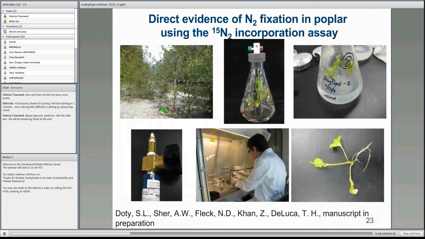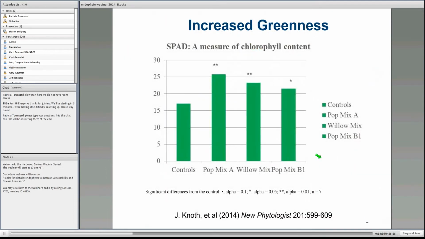We've also recently shown through direct 15N incorporation, where we have cuttings from wild poplar in a sealed vessel dosed with 15N gas, that we are getting 15N incorporation. So we've shown in multiple ways now that poplar is able to get its nitrogen through nitrogen fixation.